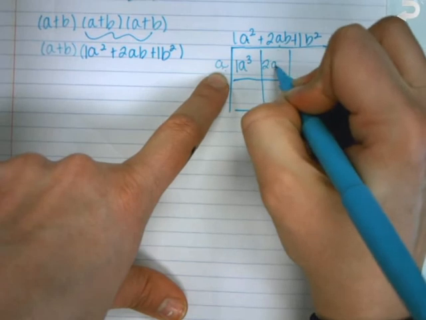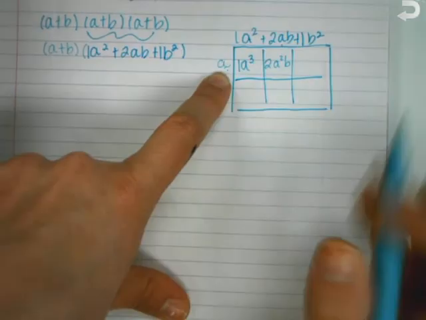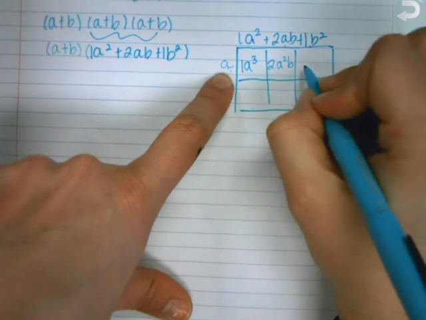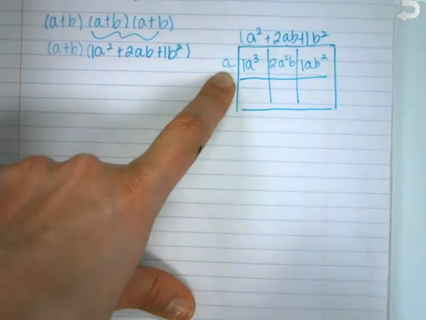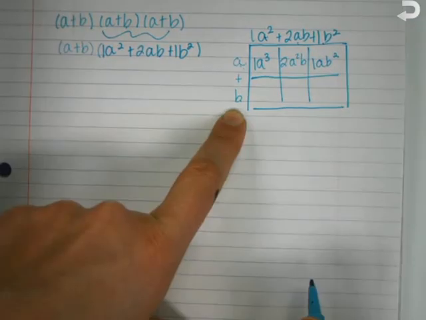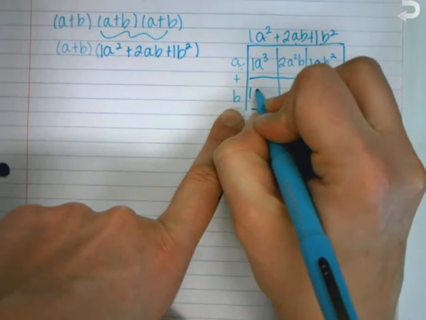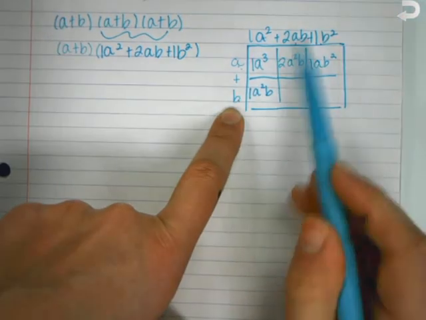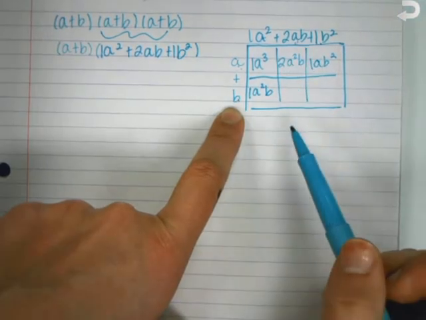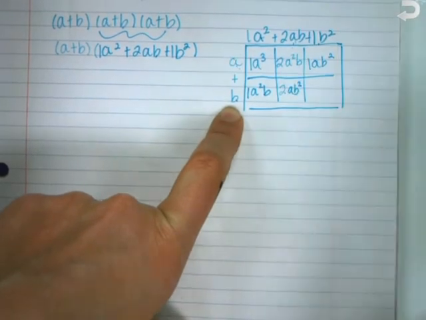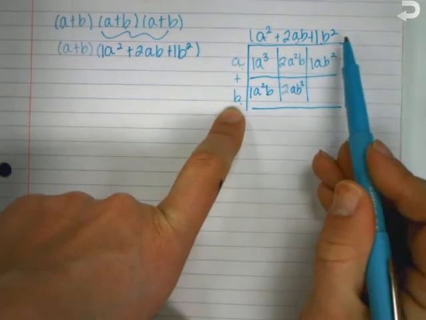A times 1b squared, 1ab squared, right? Okay. B times a squared, 1a squared b. B times 2ab, that's 2ab squared. And b times b squared, b to the third. So that's 1.